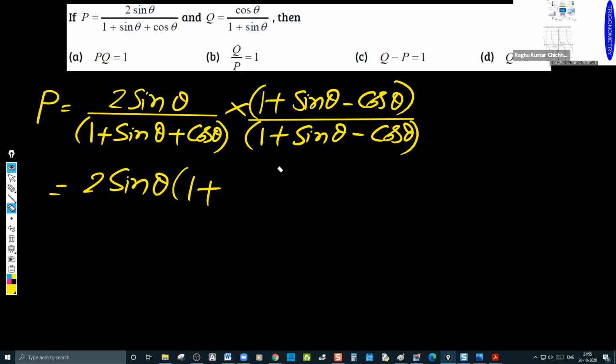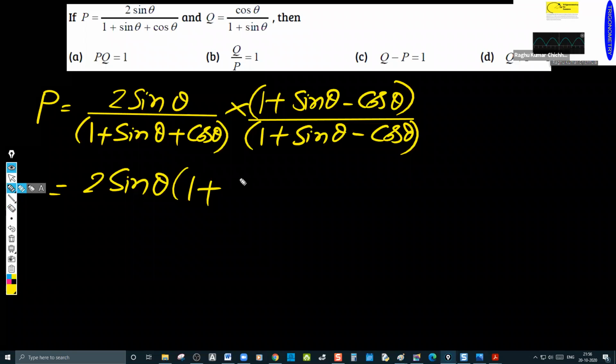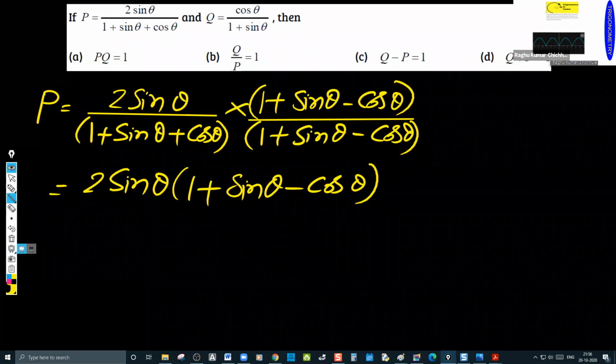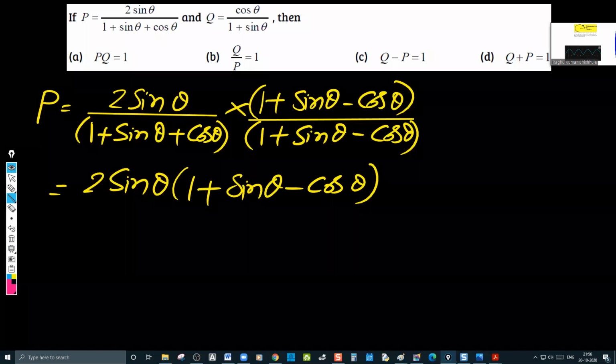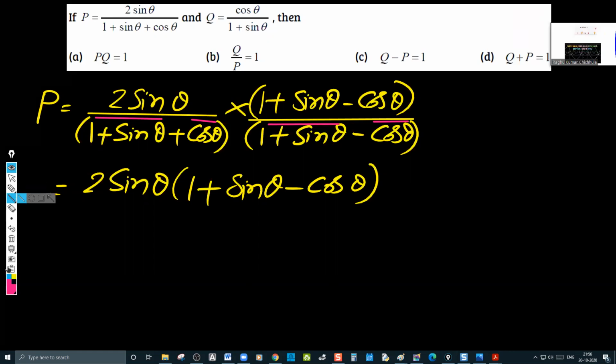It is in the form of A plus B, A minus B, so A square minus B square. You're right. What happens now? 1 plus sine theta the whole square, minus cos square theta.